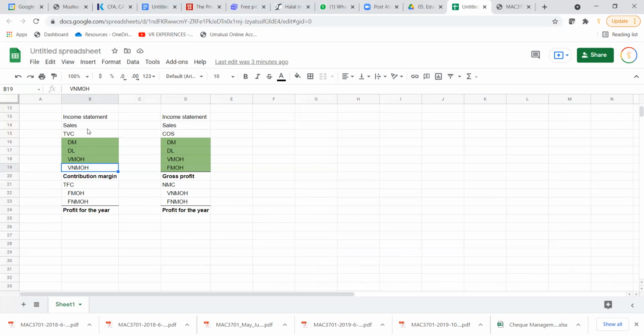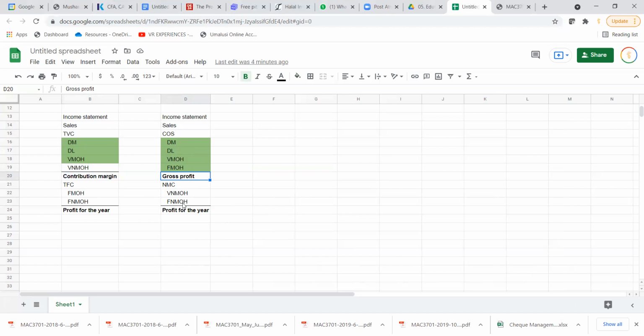Once again, take note that above the line is variable costs, below the line is fixed costs. Over here, above the line is manufacturing costs, below the line is non-manufacturing costs. Get that straight in your head. Remember how I started off with the income statement?